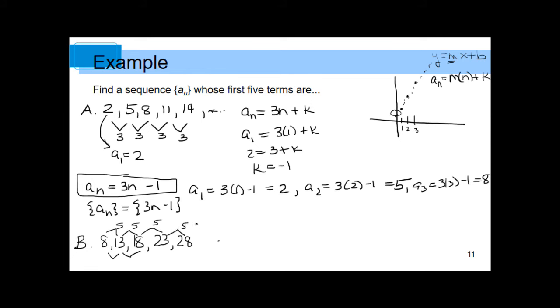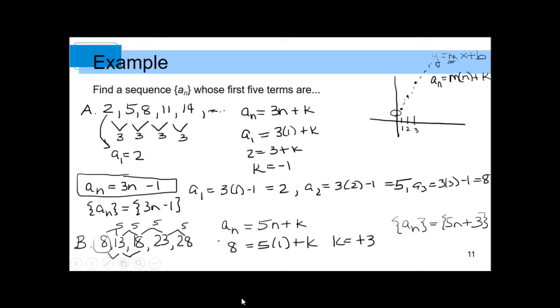So in that case, that's like having a slope of 5. So you know that your a sub n is going to be 5 times n plus some number k. To figure out what k would have to be so that your first term turns out to be 8, we look at a sub 1. 8 is equal to 5 times 1 plus k, so k would be positive 3. So our sequence appears to be a sub n equals 5n plus 3.